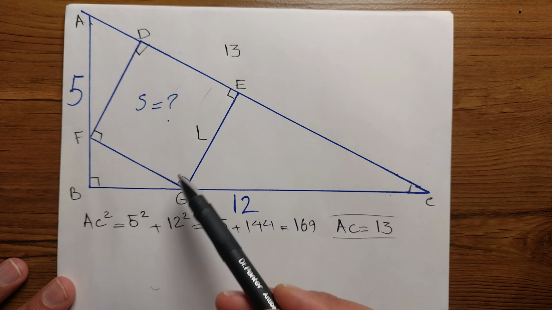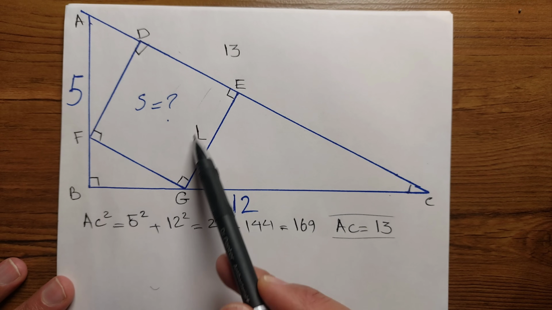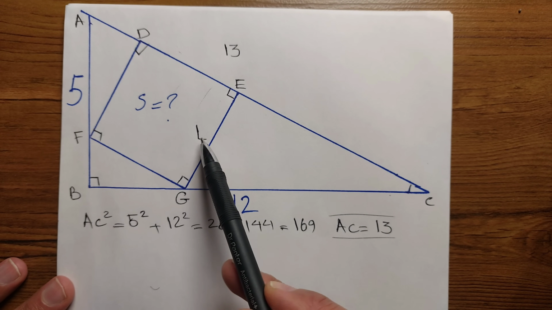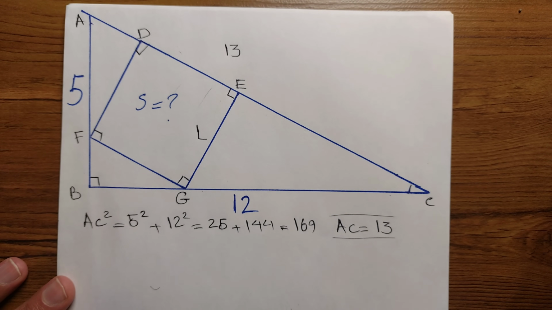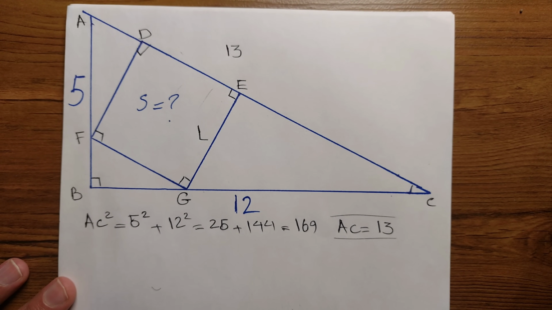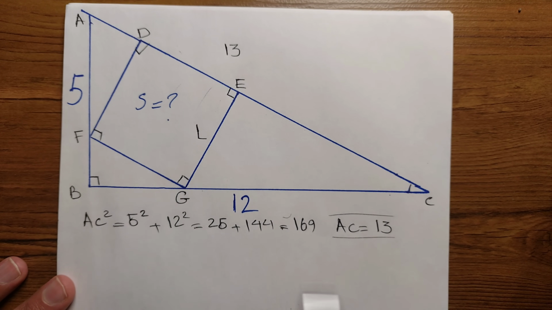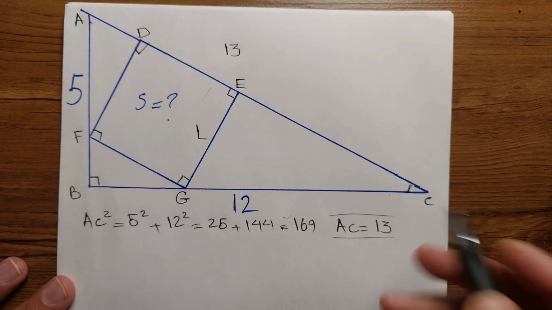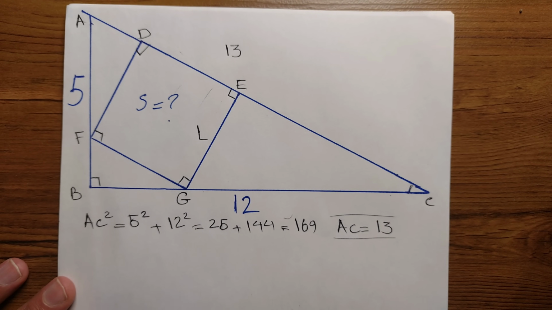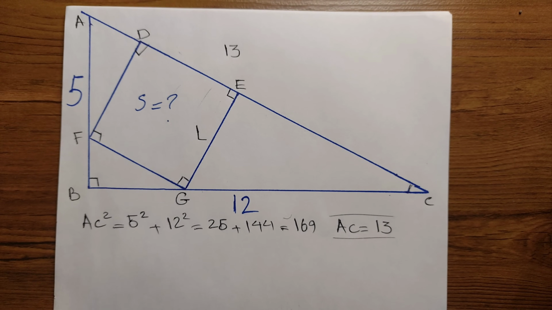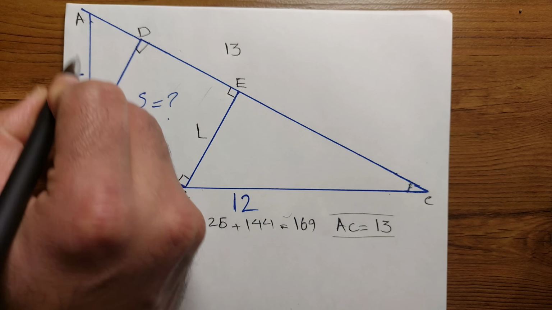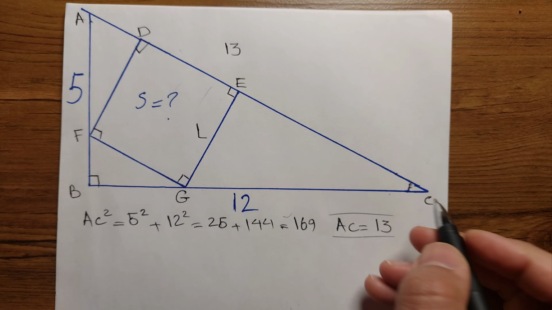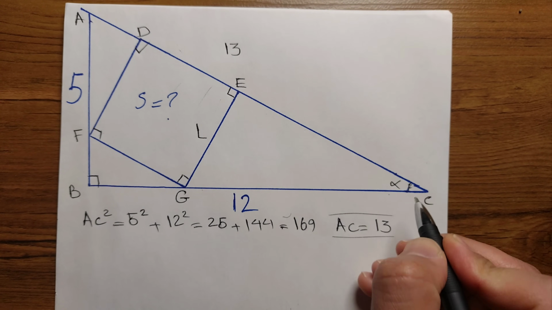If we are able to find a proportion between L and one of these other sides, we can solve for that and find maybe two equations with two variables, and then maybe we can find L. We don't know yet if these triangles are similar or not, but I think we can work on this. So let's name the angles. This big one, ABC triangle, let's name this angle alpha.